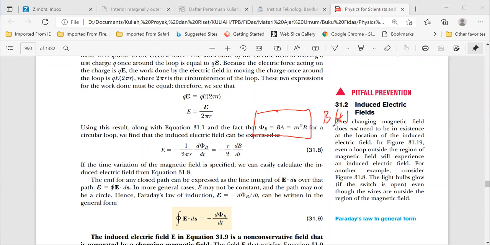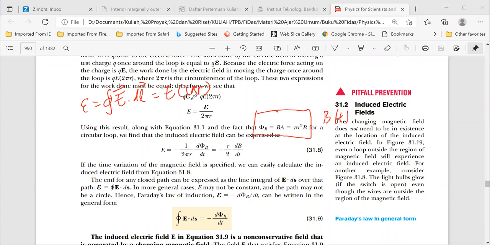Nah kita dengan menggunakan rumus integral E dot dl, itu didapat sama dengan E kali 2πr untuk kasus loop kita ya, sehingga nanti didapat bahwa E induksi itu adalah epsilon dibagi kelilingnya, keliling dari loop.